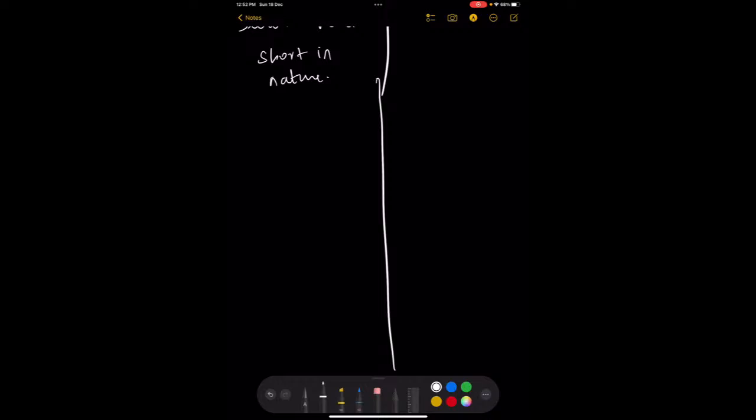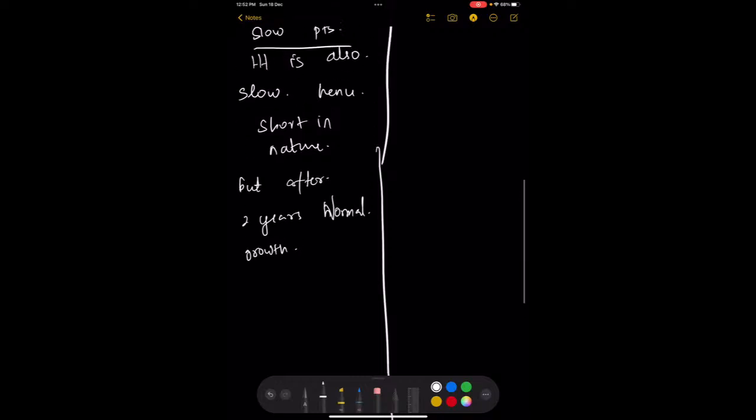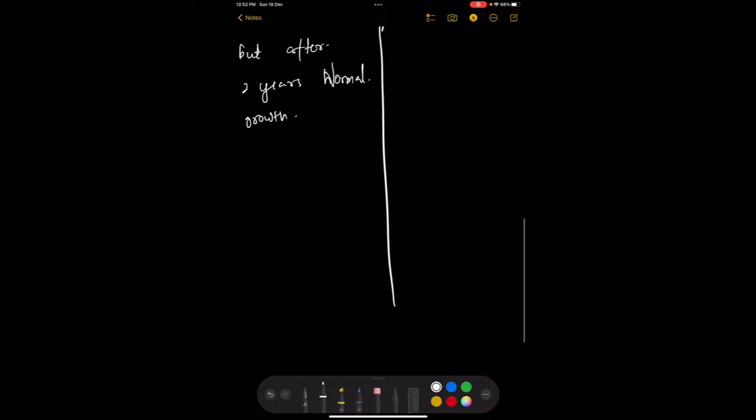But after 2 years there is normal growth. However, due to the delay in the first 2 years, the patient cannot cover up the height gain that takes place in the adolescence period, so the patient is going to be short.